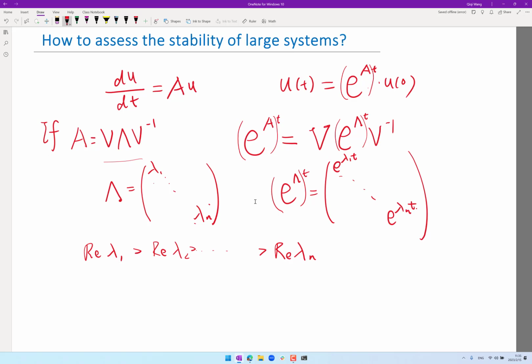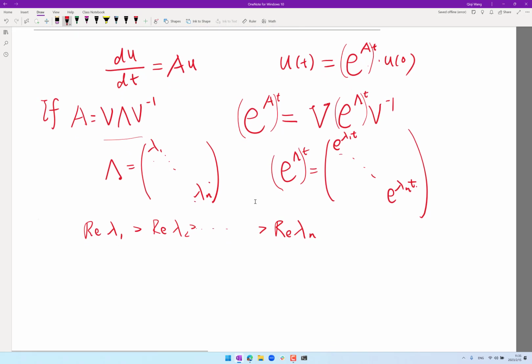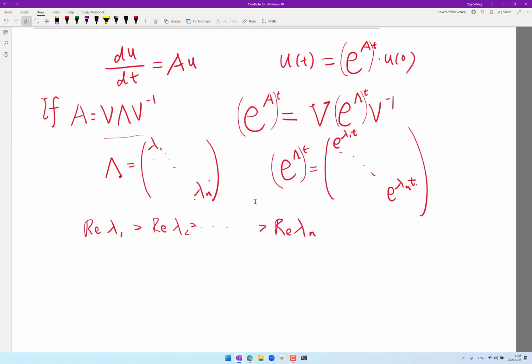Okay, so if we order them in this way, then computing the eigenvalues of this matrix is actually exactly the same as computing the largest magnitude eigenvalues in the last case, right?